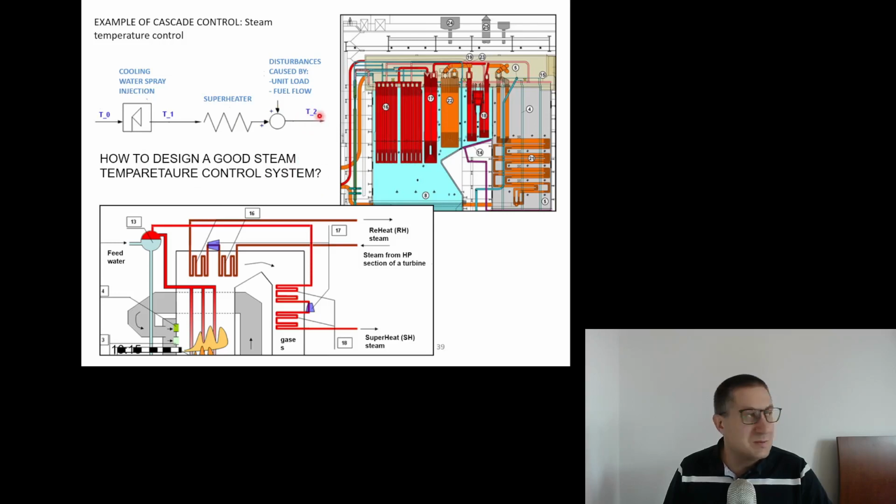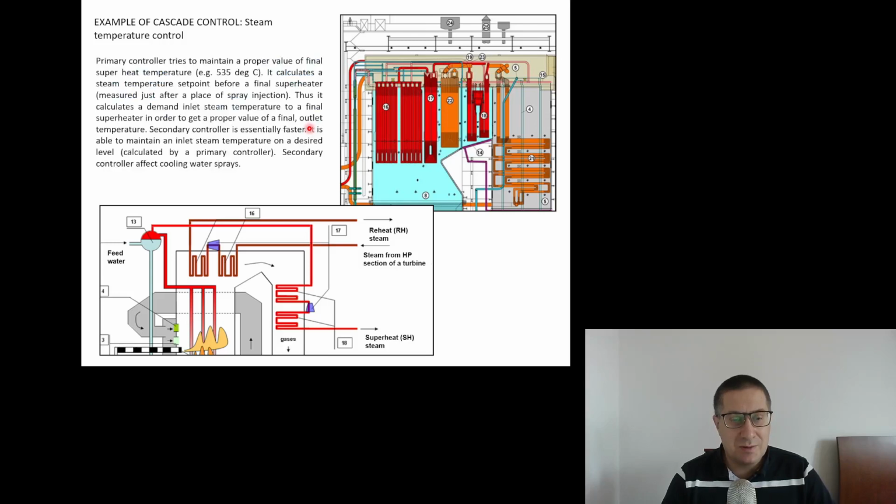So the quality of this T2 control system would be low. So maybe the optimal solution would be to have two control loops.